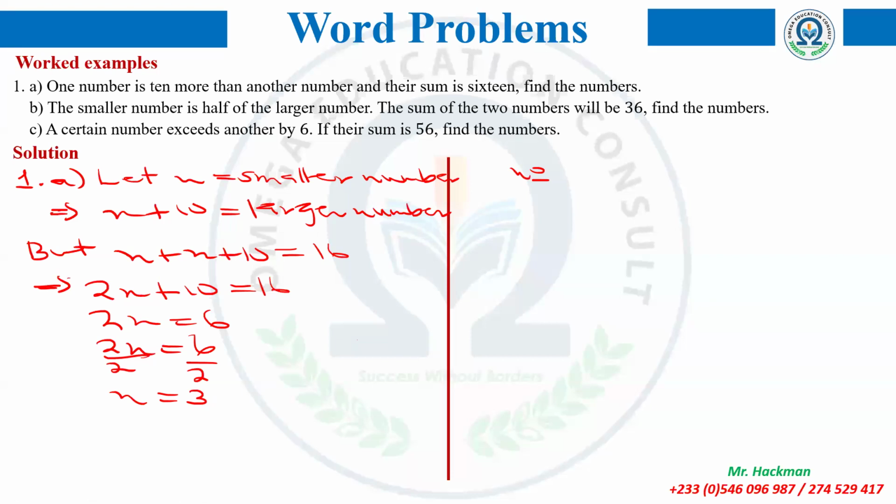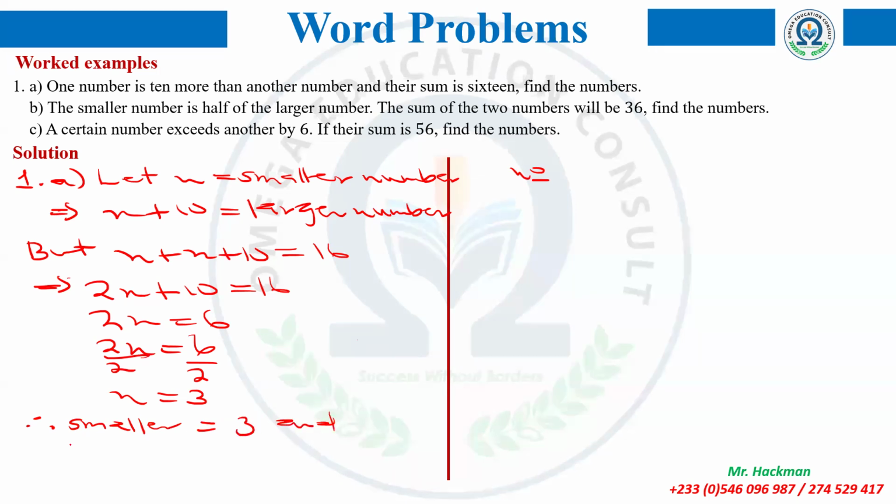However, I cannot just say that therefore x is equal to 3. Remember, the question says I should find the numbers. So I know the numbers in terms of x. So if I'm able to get x, then I know the exact numbers. So I'll write therefore, my smaller number is equal to 3.